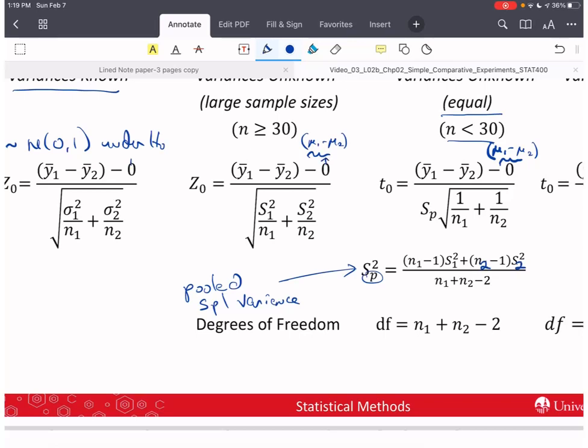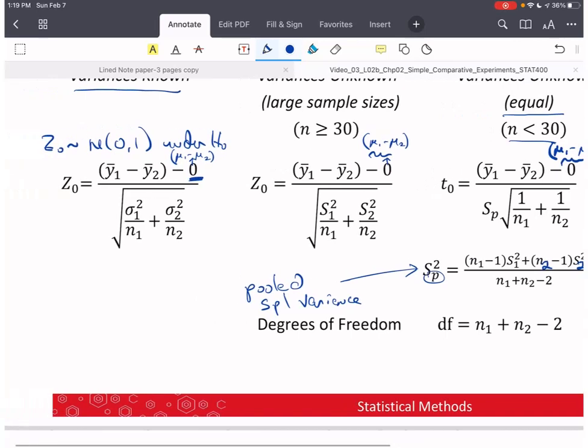And again, the same thing here. If mu1 minus mu2 is equal to whatever value we put here, if that's true, then Z naught is still a standard normal because this minus this should be equal to 0 for the mean.